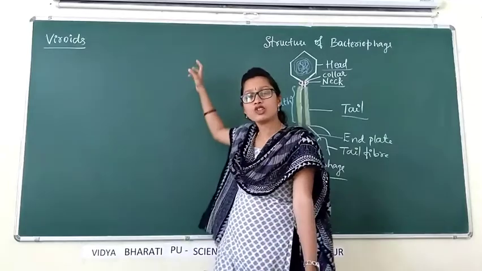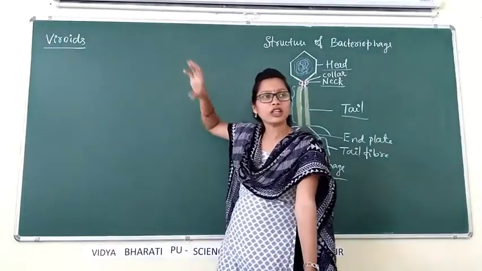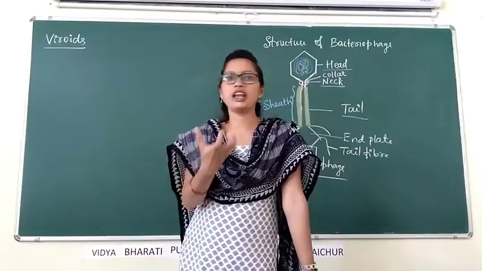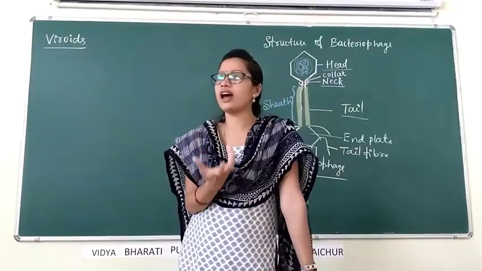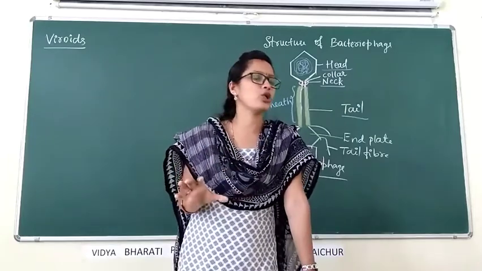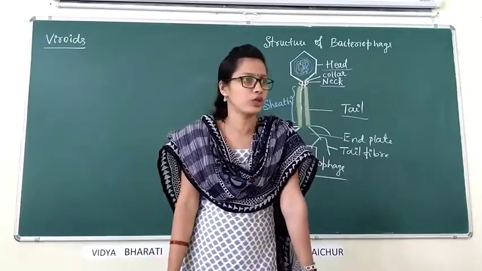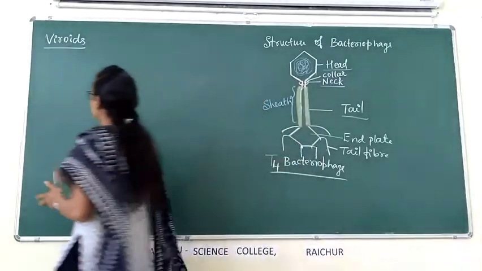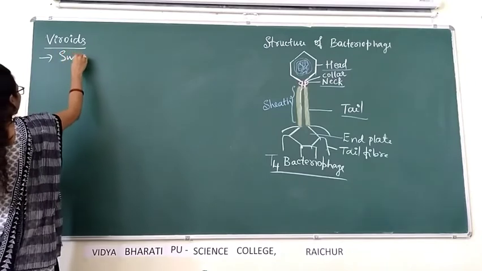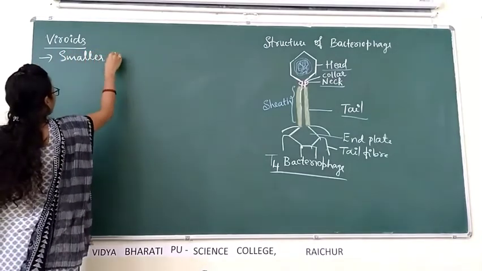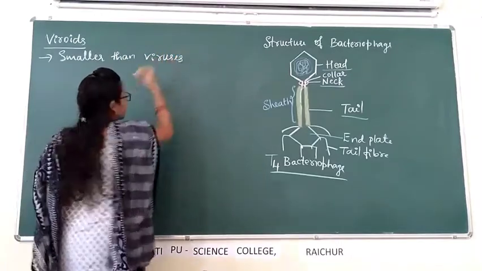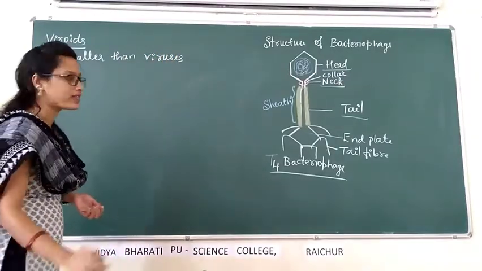But in case of viroids, the genetic material is present freely. The genetic material RNA is present, and that RNA is free. It is not covered or enclosed by any protein coat. Viroids are smaller than viruses.